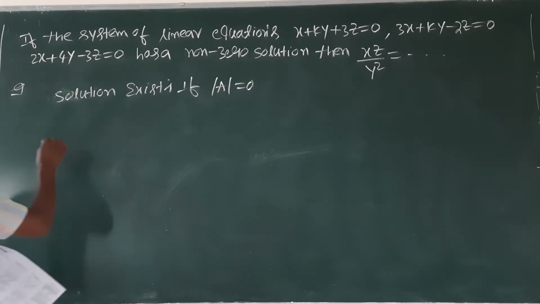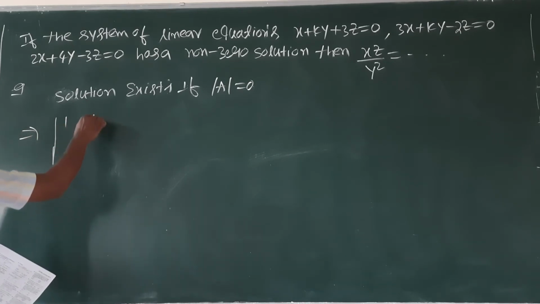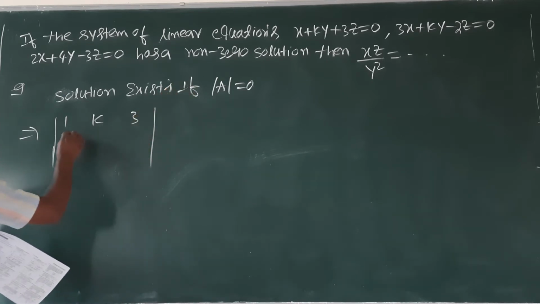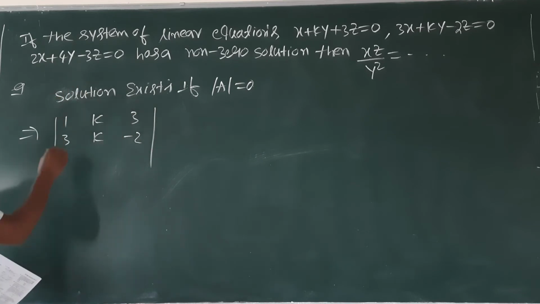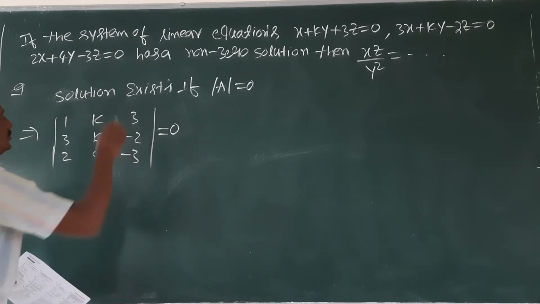That implies the determinant of the coefficient matrix, with rows (1, k, 3), (3, k, −2), (2, 4, −3), is equal to 0.